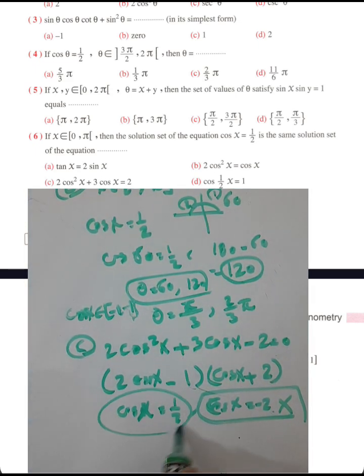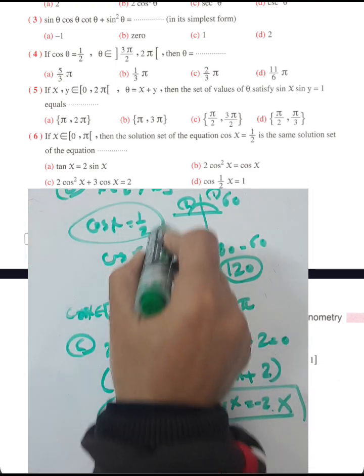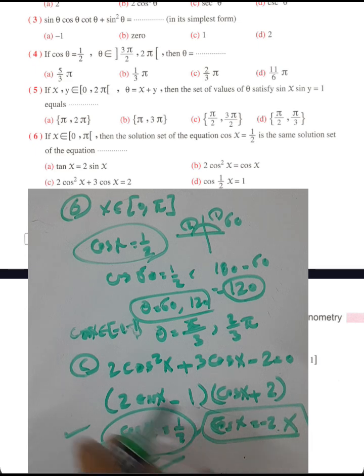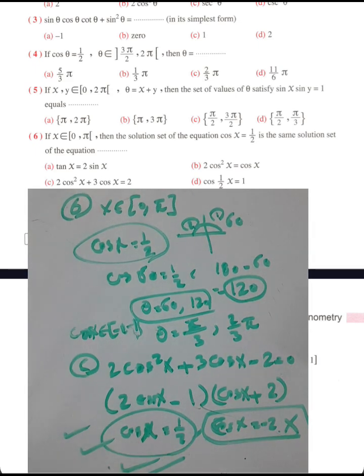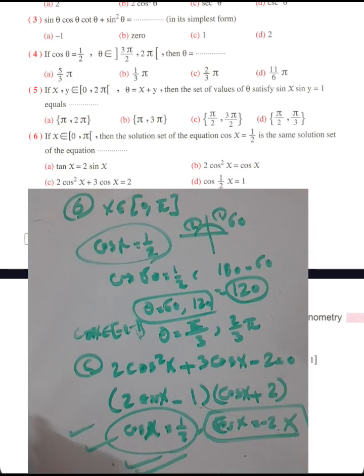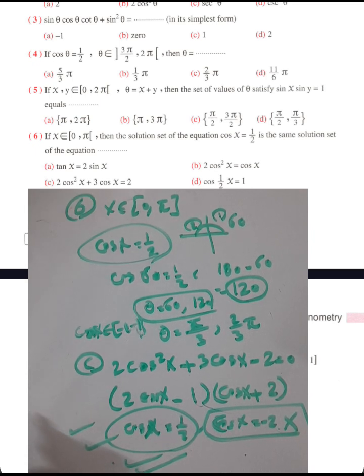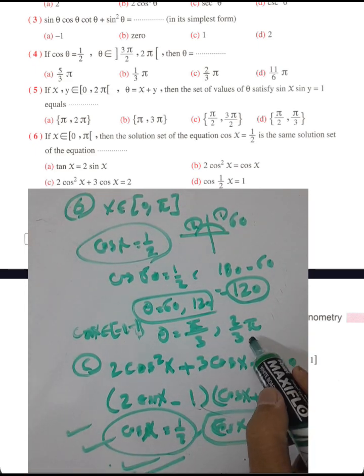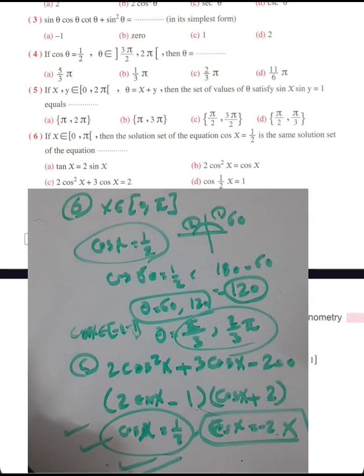So the solution set will be half. Choose letter C, because cosine x will be half, about question 6. Okay, understood? The same solution set of the equation: choose letter C, because cosine x equals half, and the measure of angle theta equals pi over 3 and 2 pi over 3.